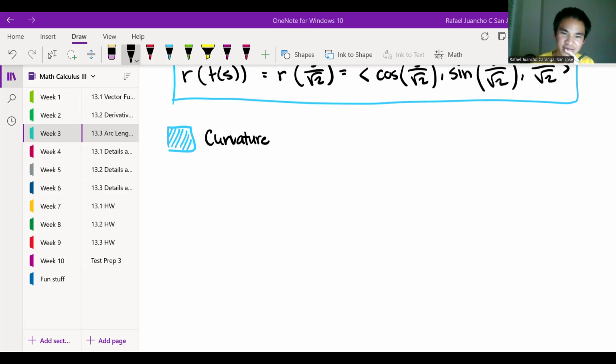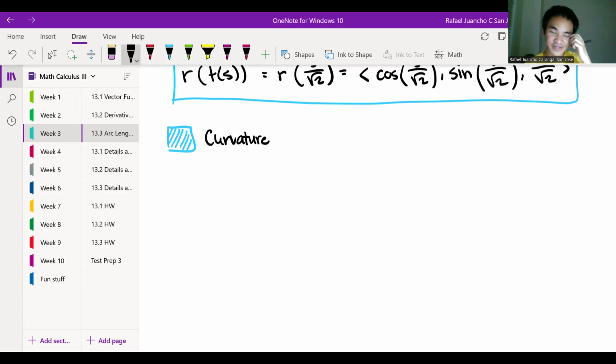Okay, wait, actually, my bad. Before I think about curvature, I'm gonna do some exercises on the length of a curve, and then once I get to a curvature example, I'll go directly to it.